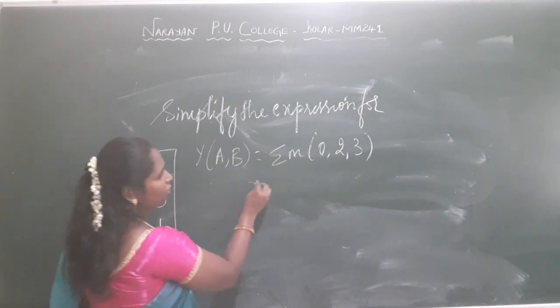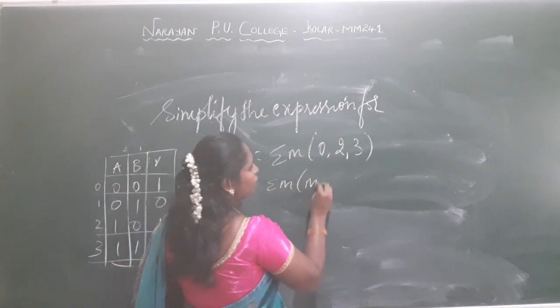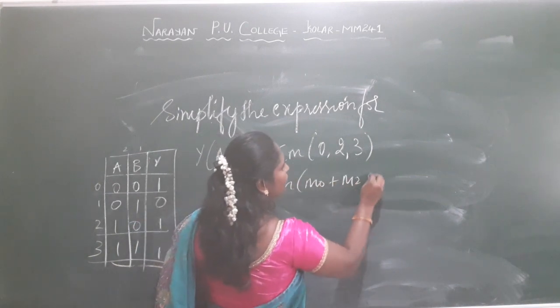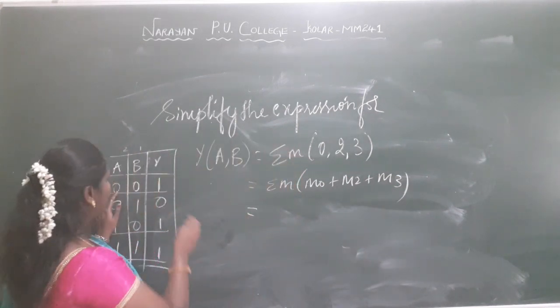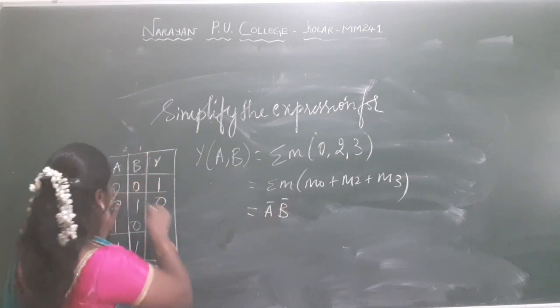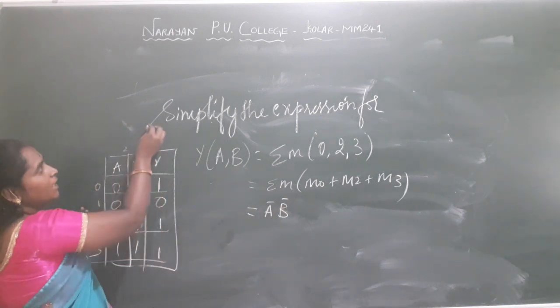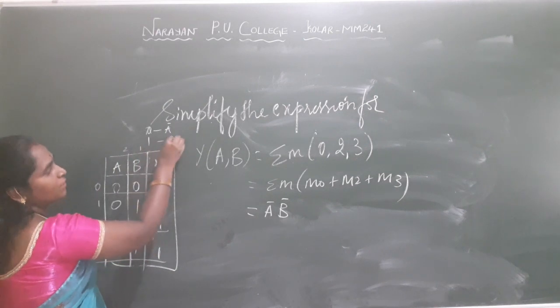This is also represented in the form of summation of m, that is m0 plus m2 plus m3. So write it in the form of an expression. m0 is a bar, b bar. I have already told you in minterms, 0 means complement, 1 means without complement.